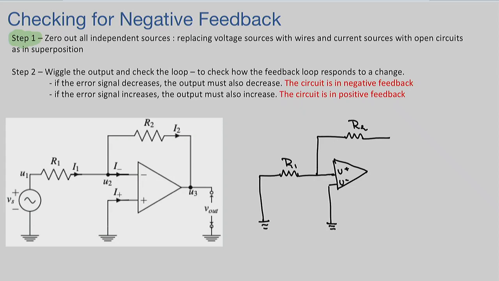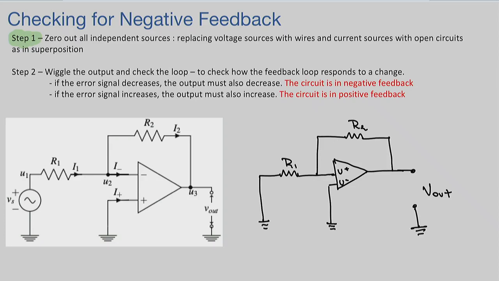Okay, U minus going to ground. Then we have V out here, with the resistor connected this way, and then we would measure V out here, knowing that this is also grounded. Okay, in the diagram that I took from your notes, the currents are already labeled.